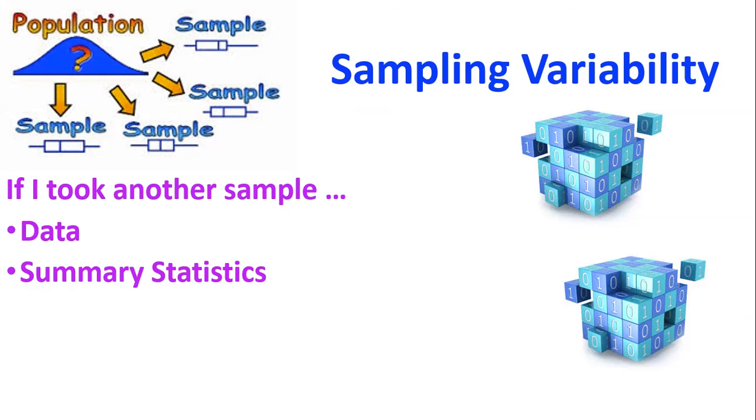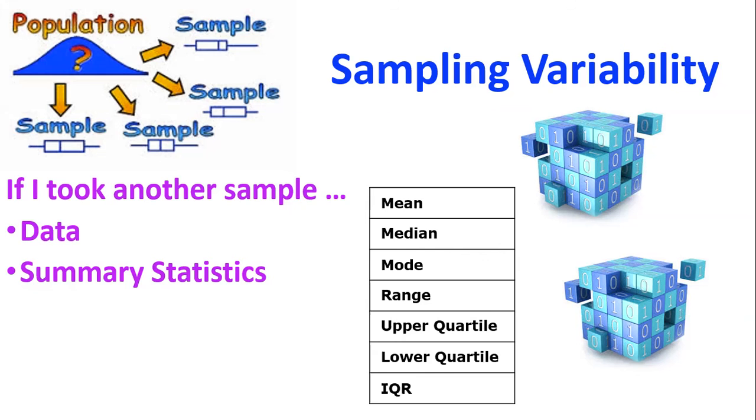Now let's think about the summary statistics. So that's our median, our mean, our upper quartile, lower quartile, interquartile range, all of those. What would those summary statistics be? Would they be similar? Would they be different? We know that they're not going to be exactly the same because the data is going to be slightly different because I'm measuring different kids.